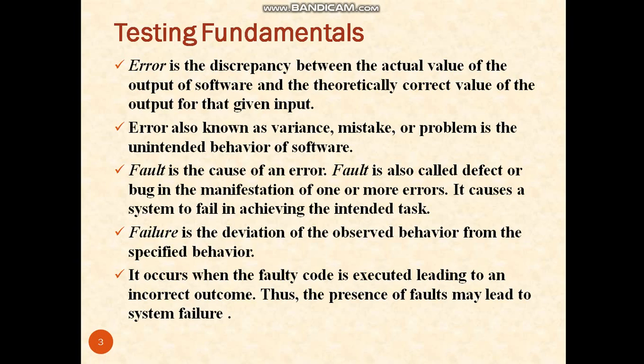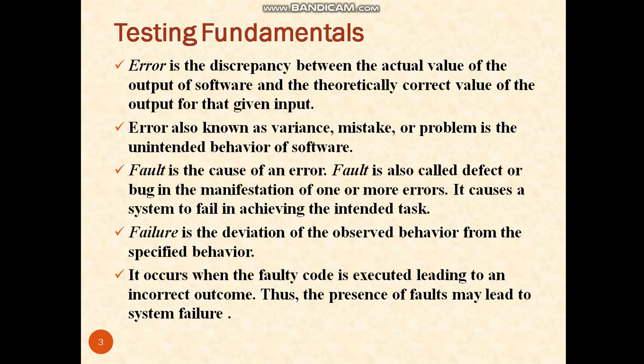Software reliability is the measure of success with which the observed behavior of a system conforms to the specification of its actual behavior. Error is also known as variance, mistake, or problem. Fault is the cause of an error. Fault is also called defects or bugs, a manifestation of one or more errors.